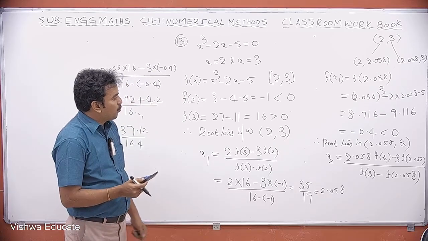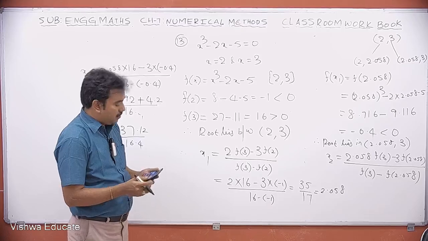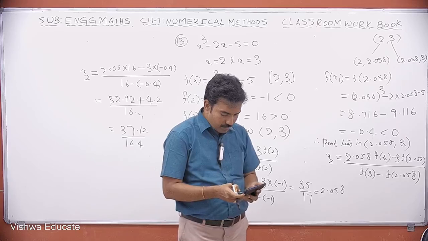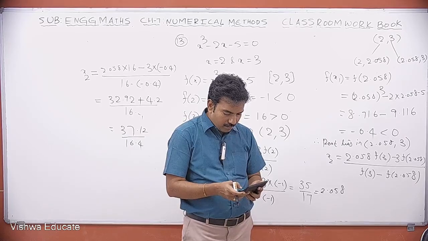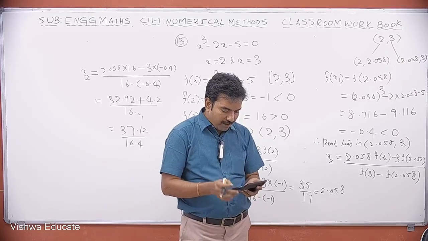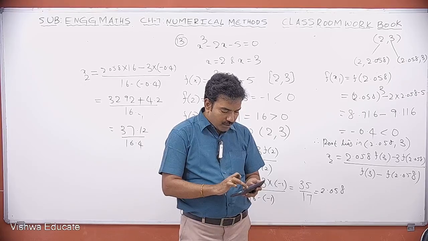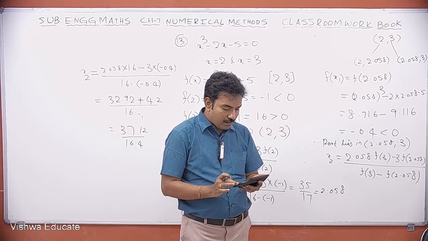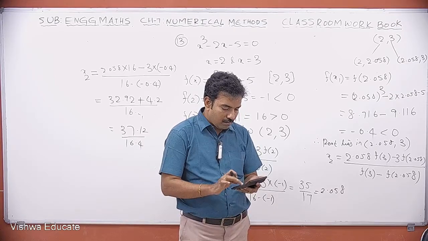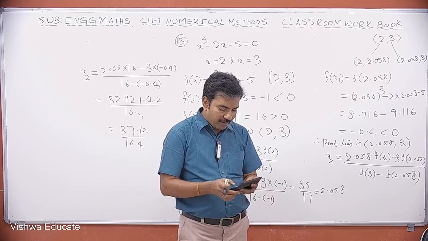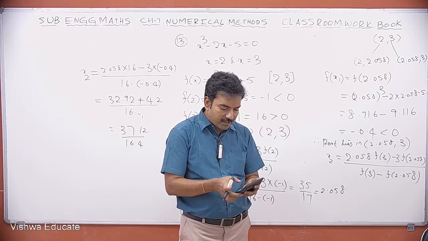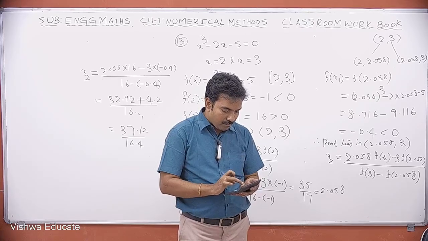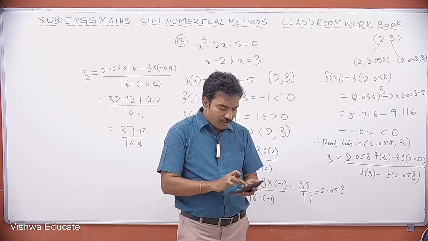This expression is 2.058 cubed minus this. So let me cross check this value. 2.058 into 2.058, 2.058 times 2.058, into 2.058.